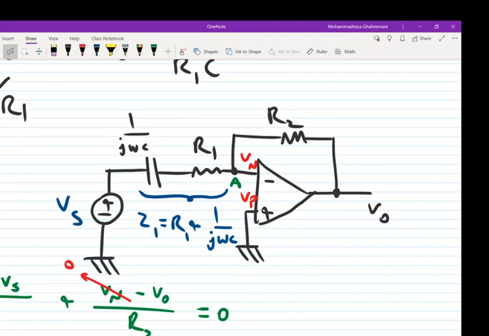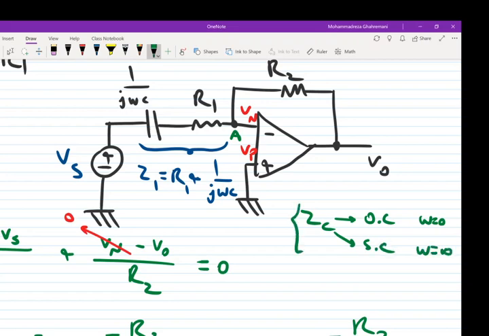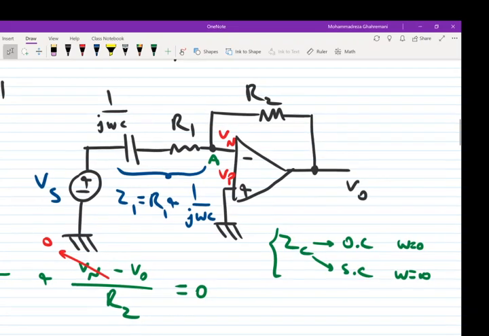Of course, yes, because we know that a capacitor, ZC, is an open circuit for omega 0, and ZC is a short circuit for omega infinity. Using this simple rule, we can easily say whether this filter is a high pass or low pass filter.